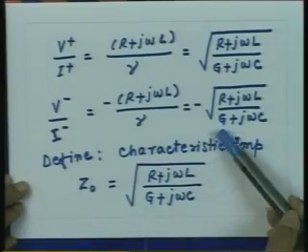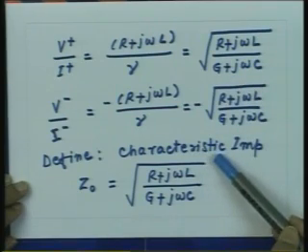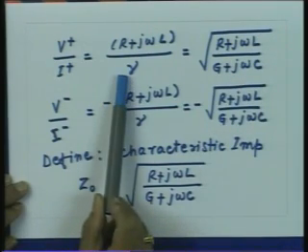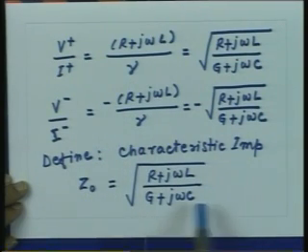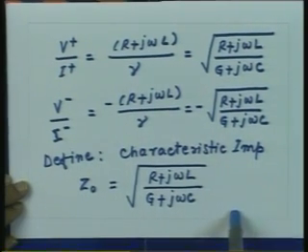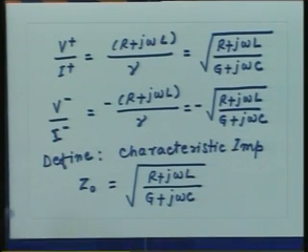Most of the time the transmission line characteristics are defined in terms of the propagation constant gamma and the characteristic impedance, and these two parameters are adequate to analyze any transmission line problem. Until and unless one specifically wants to calculate the attenuation and phase constants from the primary constants of the line, one can use the data sheet where gamma and Z naught are directly given, and use them for solving transmission line problems.